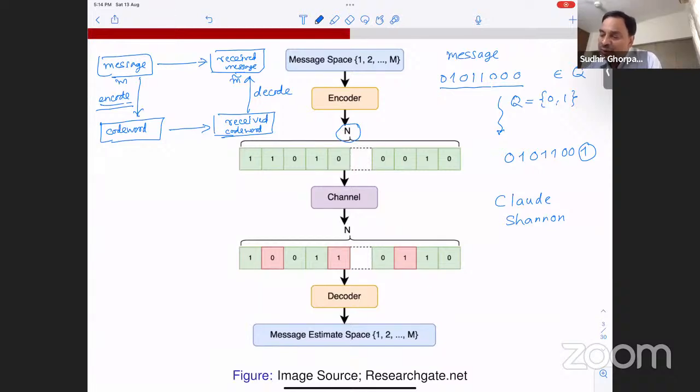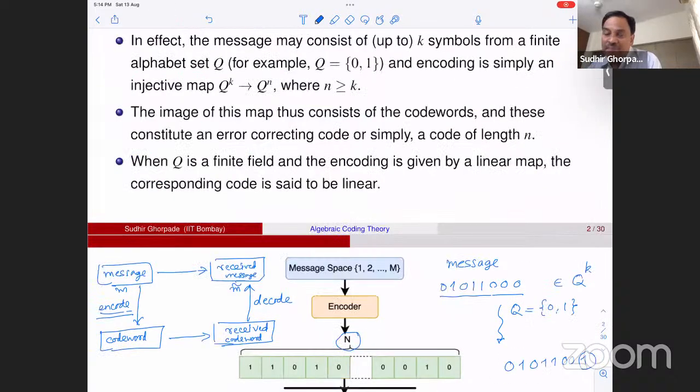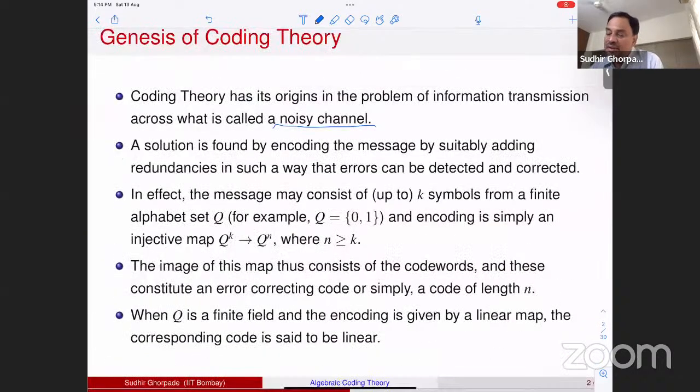So I'll go back again to my general slide where I have tried to explain the genesis in words. The problem of information transmission is solved by taking a message, which, as I told you, is like an element of q to the power k, where q is a finite set, for example 0 and 1, and mapping it to a much larger set like q to the n, where n is typically significantly larger than k.